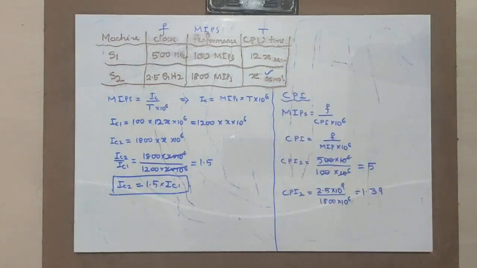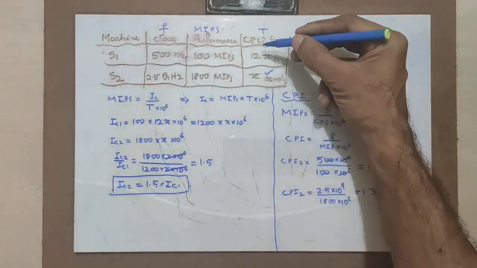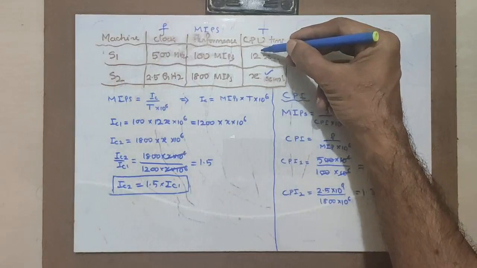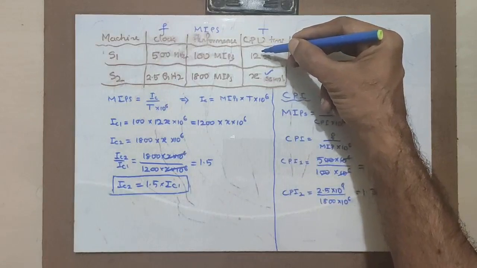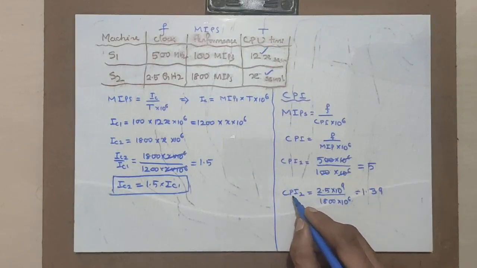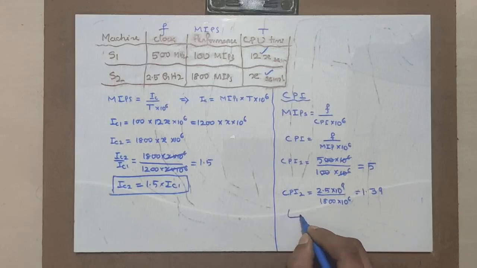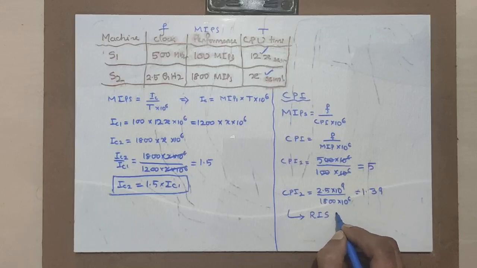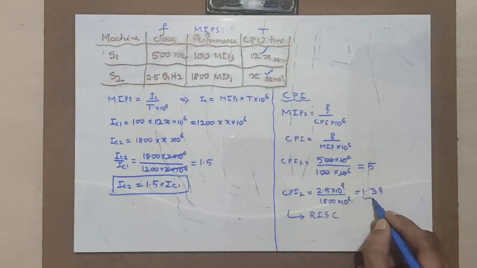If you see the overall performance, the second machine is very fast. It takes only x seconds, whereas the first machine is 12 times slower than the second machine. The first machine is very slow, it takes 12x time to execute. If you see this factor, cycles per instruction for the second machine, we should choose the second machine as a reduced instruction set computer, because cycles per instruction is very small.